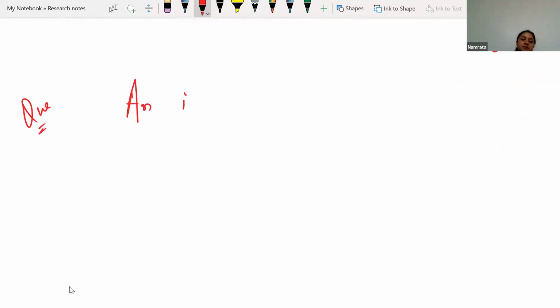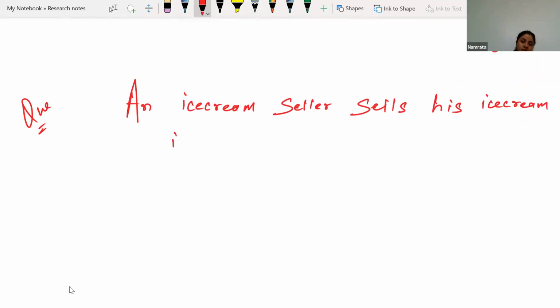An ice cream seller sells his ice cream in two ways.